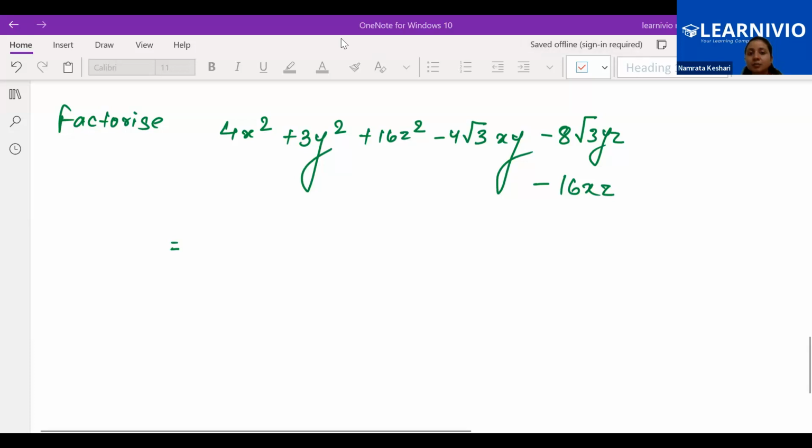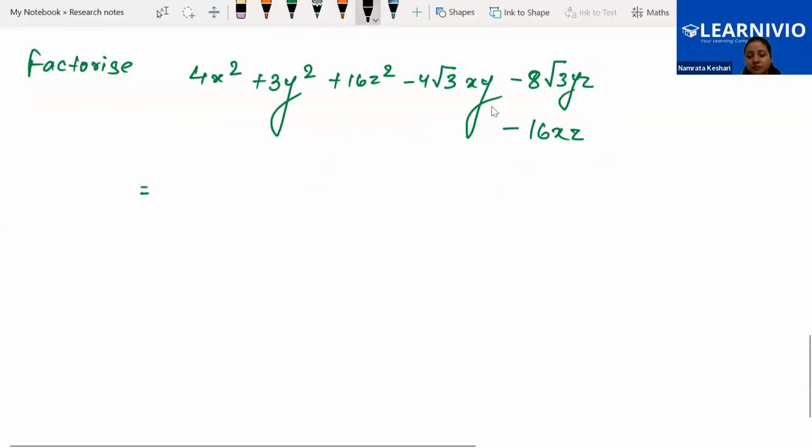Anam, are you done, Anam? Yes, ma'am, I did, but I think one or more terms, like in the xy and yz, should be positive. Okay, let me check have I written it correctly or not. Let me match it first.